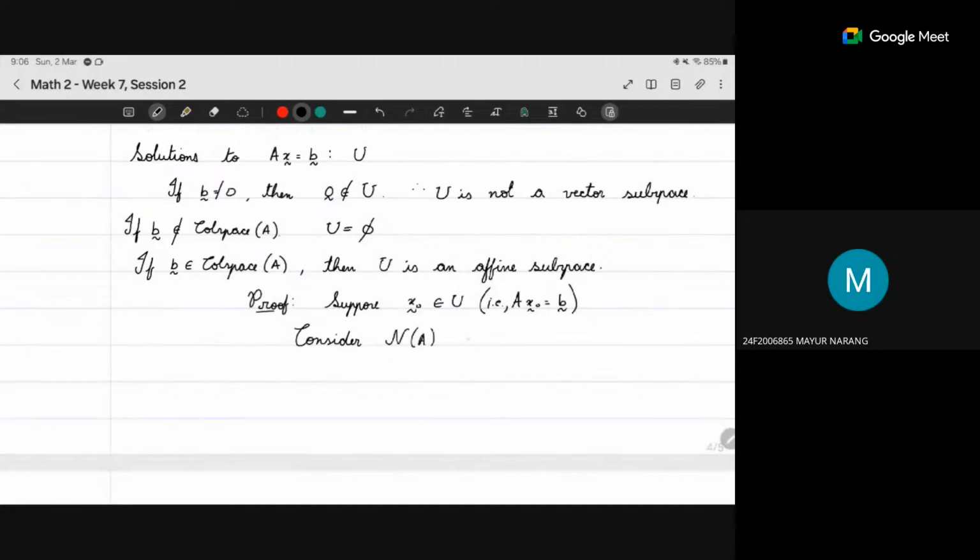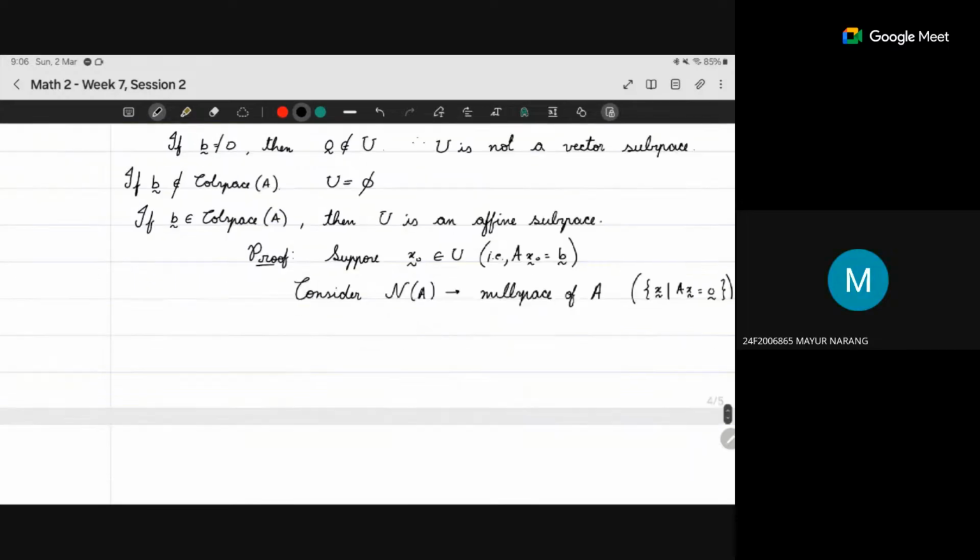the null space of A. This is what I use to denote the null space of A. What is the null space of A? All the vectors which are taken to 0, that is, Ax tilde is equal to 0. So this is the null space.